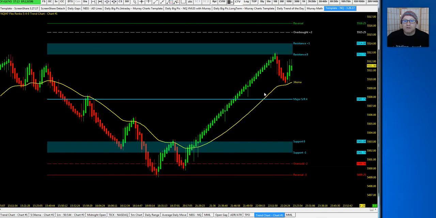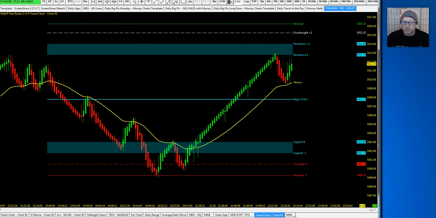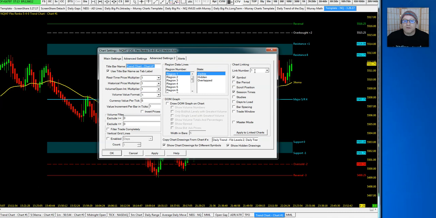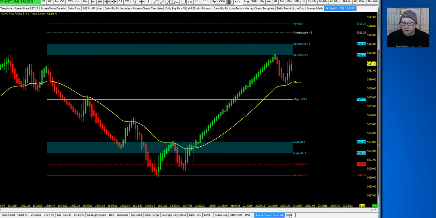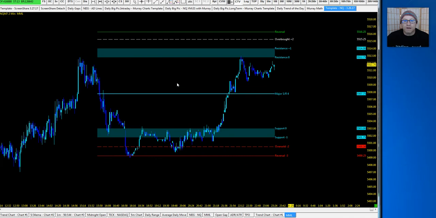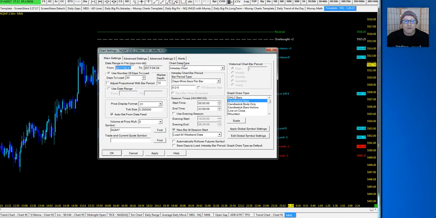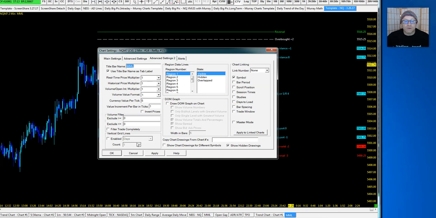Again, you want to make sure the charts are linked, so you do that here in the chart setting. You go here to the advanced setting, make sure your charts are linked together depending on what you're changing. Are you changing the session times, the symbol? I'm basically changing here on the MML, it's the overlay. So if I change the overlay, as long as the 2 charts are linked, actually, I apologize.